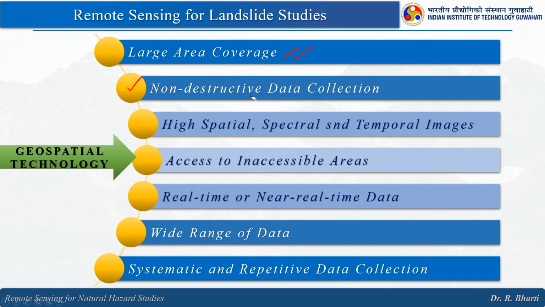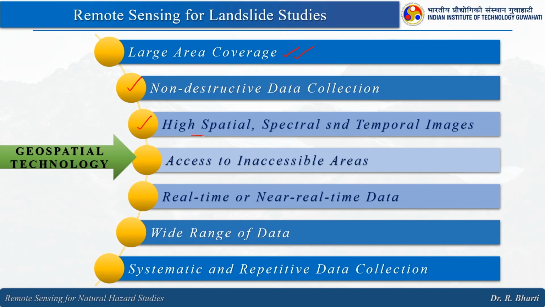That means we are simply acquiring the information in different wavelength regions. Now the next one is high spatial, spectral and temporal images. Spatial is the size of your pixel.